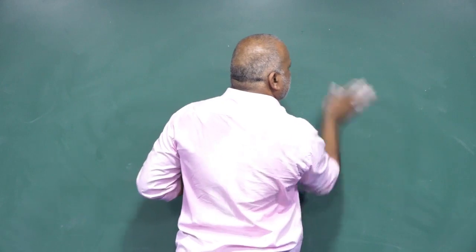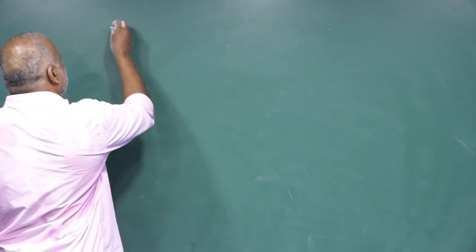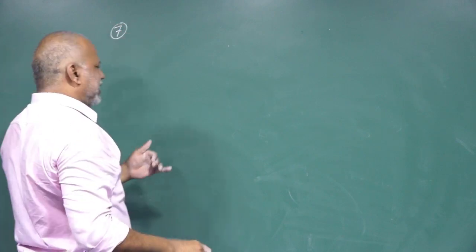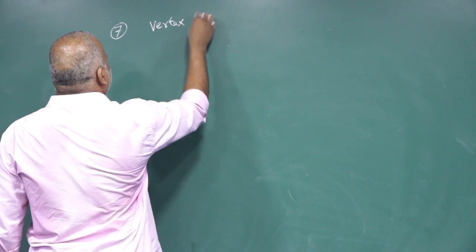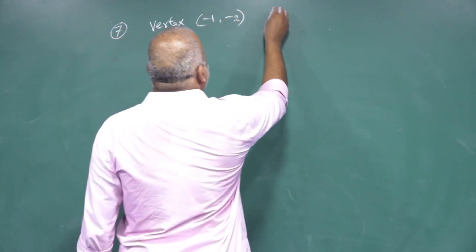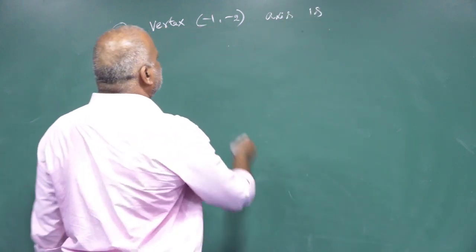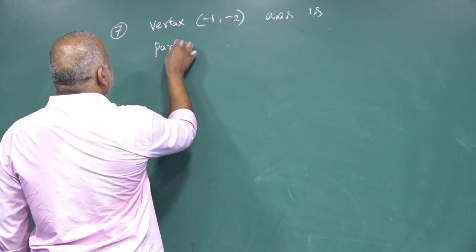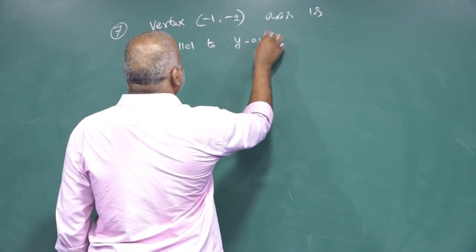So everyone should understand 4 types of parabolas. Then you are able to work out the equations very easy way. See here, vertex. Vertex is minus 1 comma minus 2. Axis is parallel to y-axis.